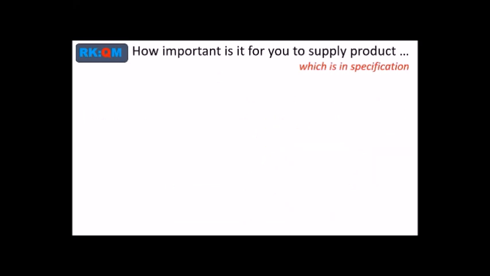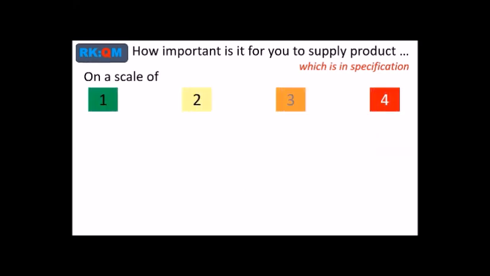How important is it for you to supply product which is in specification? On a scale of 1 to 4, or put another way, at which of these 4 levels do you associate your own culture? Do you just keep quiet, as normally customers don't notice, which possibly means that you have a culture where it's okay to supply out of spec product?